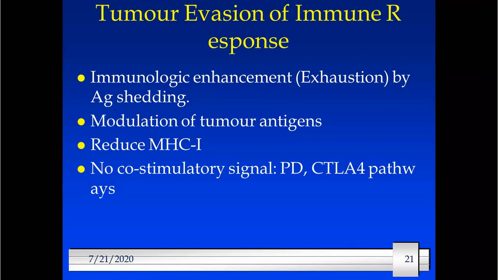Some tumor cells produce no co-stimulatory signal or inhibit the co-stimulatory signal, which is signal number 2, as we mentioned in the priming of the T lymphocyte. Signal number 2 is inhibited by two molecules, PD and CTLA4, or two pathways. Both pathways lead to inhibition or absence of the co-stimulatory signal.